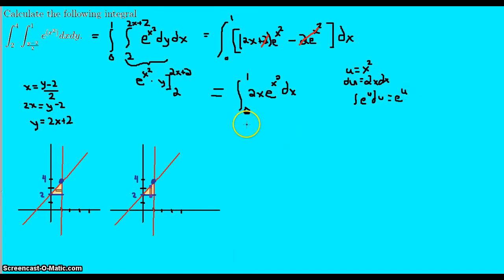So the antiderivative is e to the x squared, evaluated from 0 to 1. We get e to the 1 minus e to the 0, for a final answer of e minus 1. And we had to switch limits of integration in order to be able to do that.